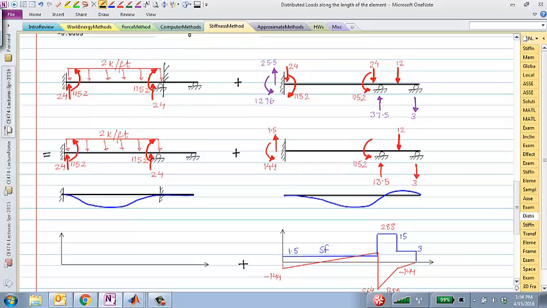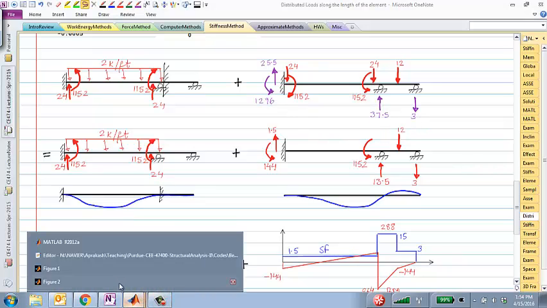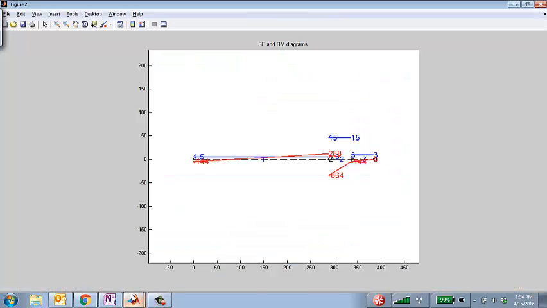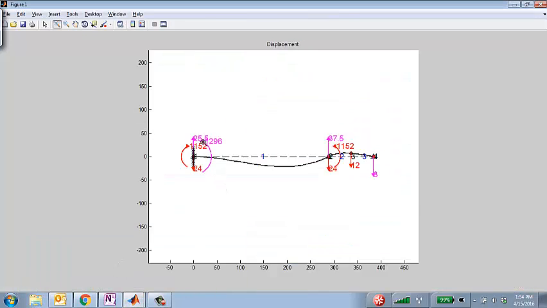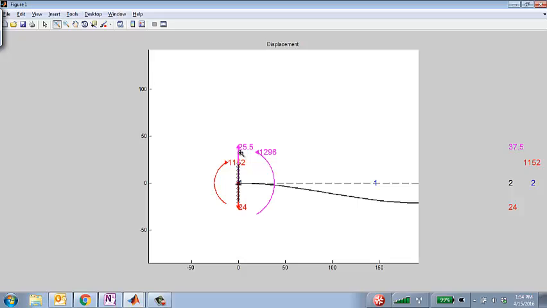We have fixed this end, and we are trying to add these two together. MATLAB has just found these reactions also for me: 25.5, 1296, 37.5, and 3. And we can check that.